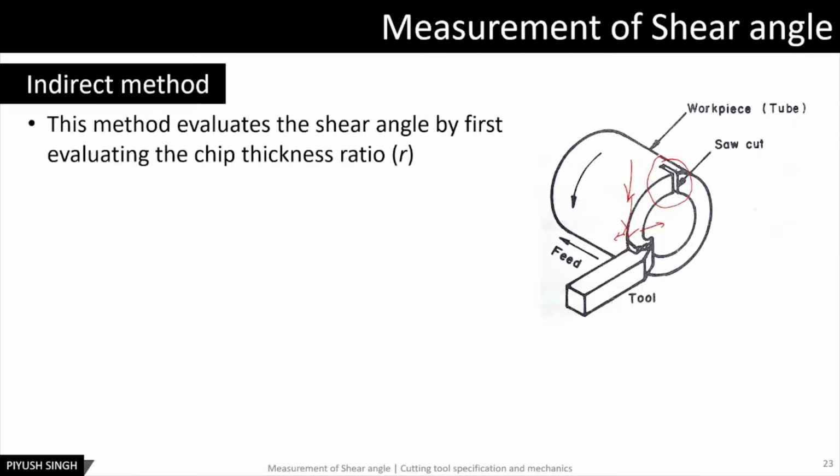Here the feed becomes the uncut chip thickness. The difference between the inner and the outer diameter becomes the width of the cut, and here it is also the depth of the cut. Clear? So this uncut chip thickness is equal to the feed.